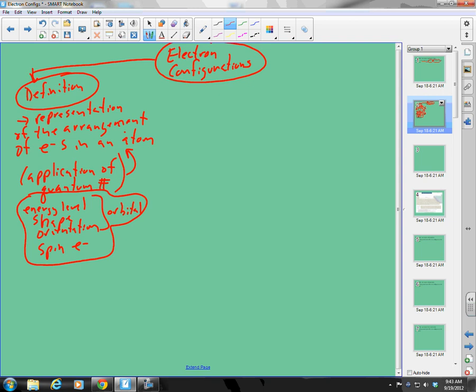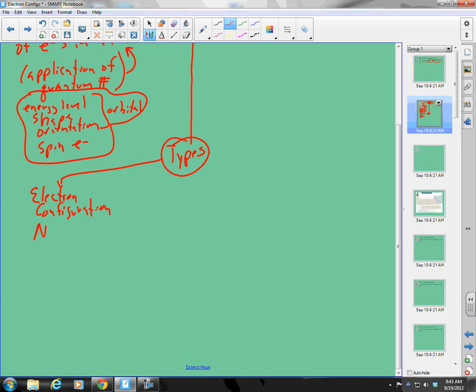And there are three ways we represent electron configuration. So let's write down types here. One type will be what I call electron configuration notation. And that's the first one we want to talk about.